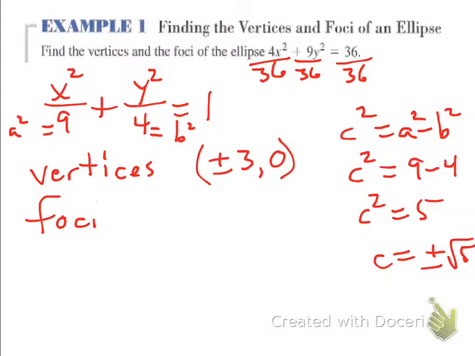So our foci are plus or minus radical 5, 0. Since x squared came first and our ellipse is centered at the origin, both the vertices and the foci are going to be on the x-axis. And that's all you have to do to find the vertices and foci.